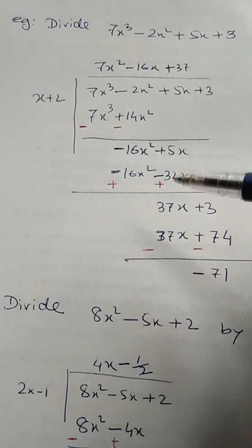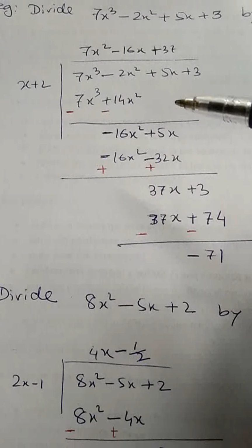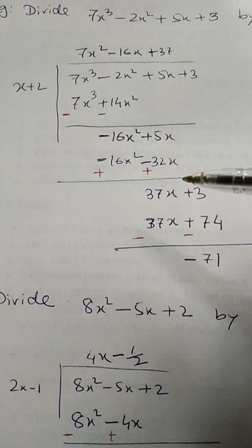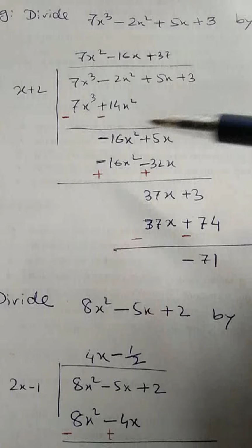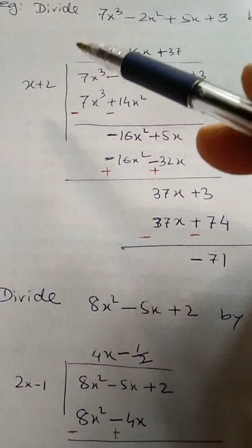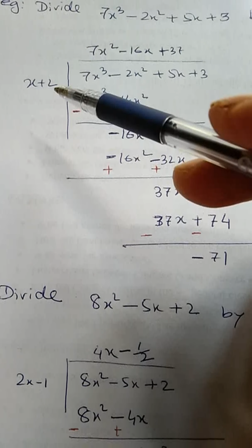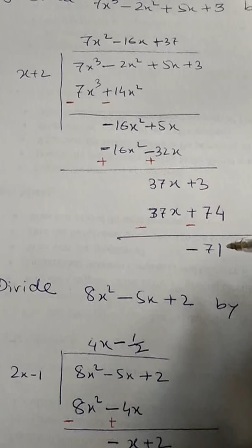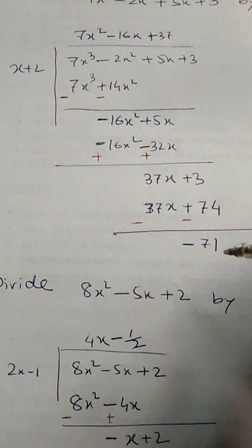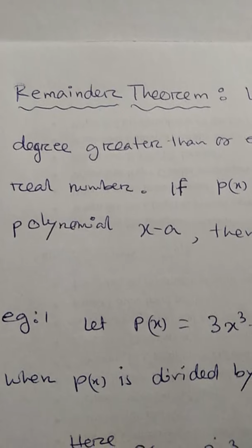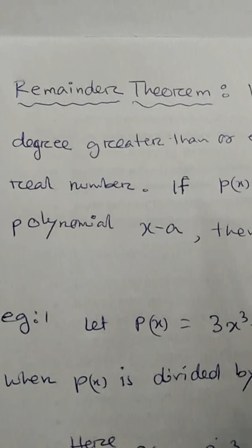Apart from this, there is one more process, that is remainder theorem, by which without dividing one bigger polynomial by one binomial, we can get the remainder, and that is called remainder theorem. Let us see the remainder theorem now.